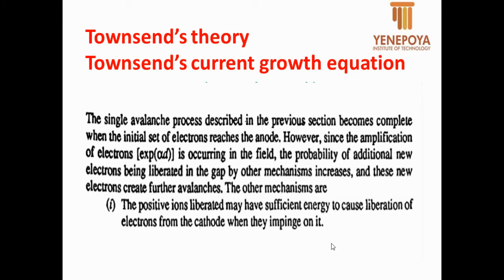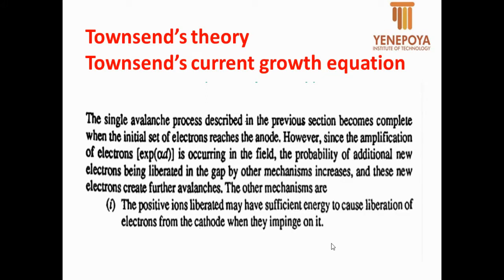However, since the amplification of electrons, exponential alpha d, is occurring in the field, the probability of additional new electrons being liberated in the gap d by another mechanism increases, and these new electrons create a further avalanche.